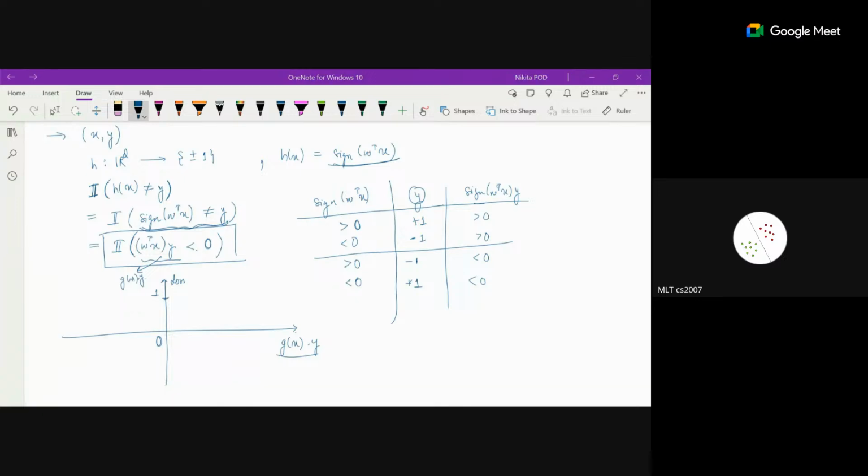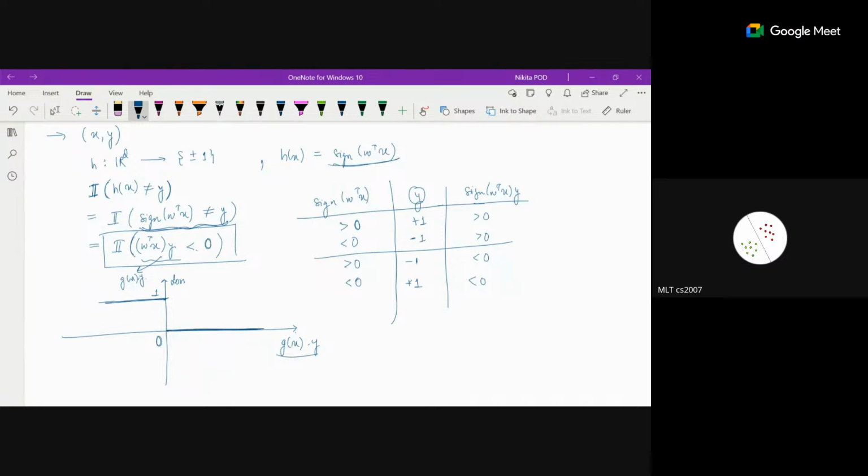So for g of x times y less than 0, I am always going to get 1. That is what this indicator function is saying. Now, if my g of x times y is greater than 0, then I'm going to get the value 0. So this is how the 0-1 loss function is going to look.